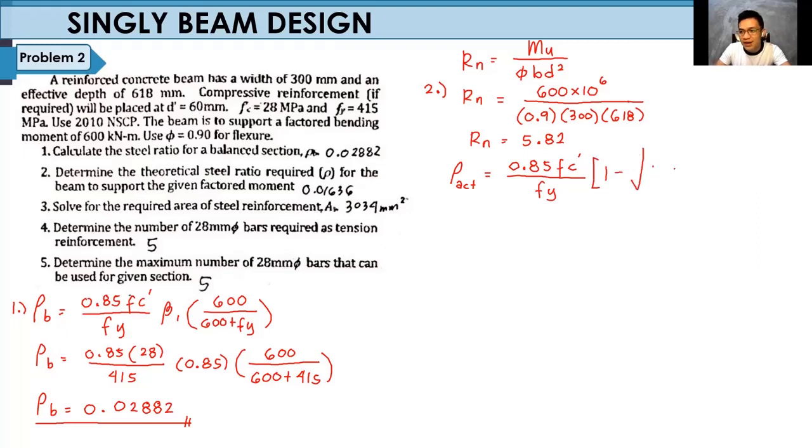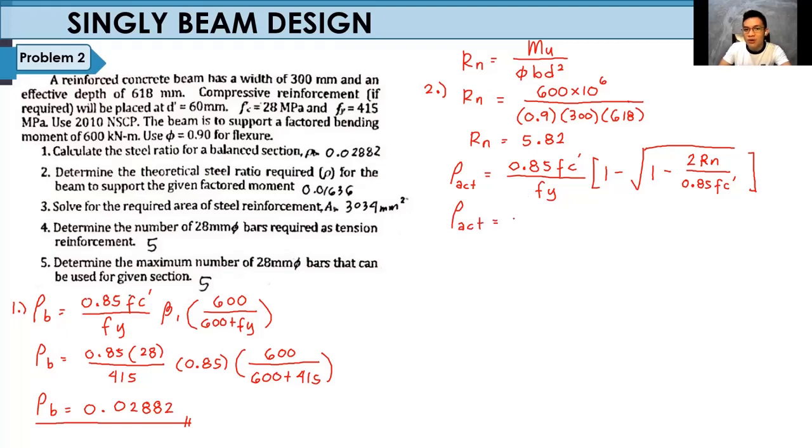Tama naman siguro. 1 minus 2Rn divided by 0.85 fc prime. And siya. So, therefore, substitute lang yan lahat.